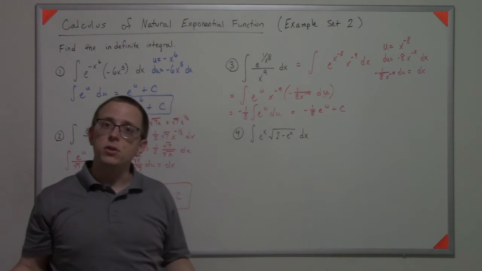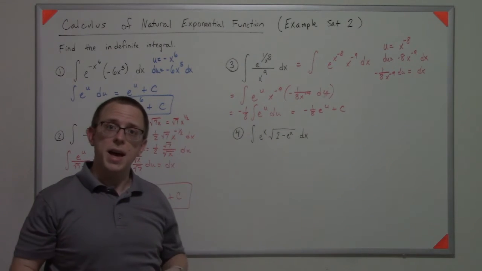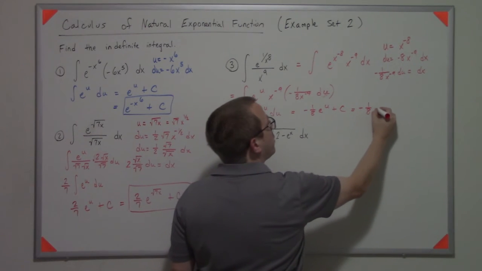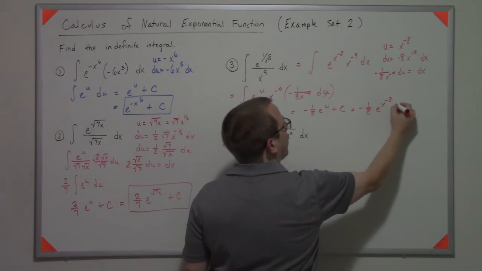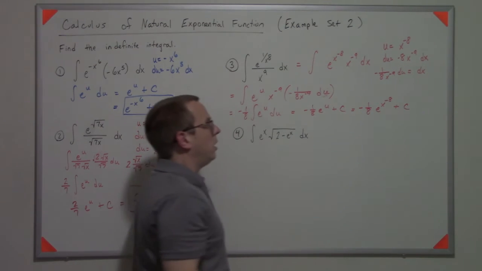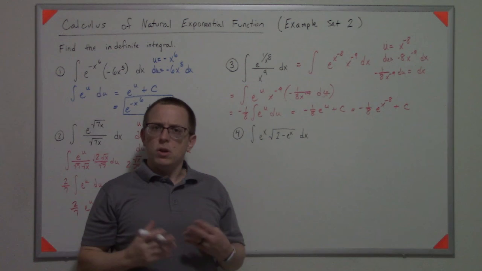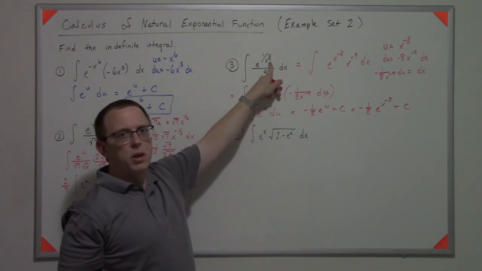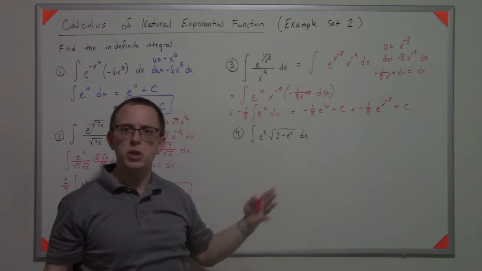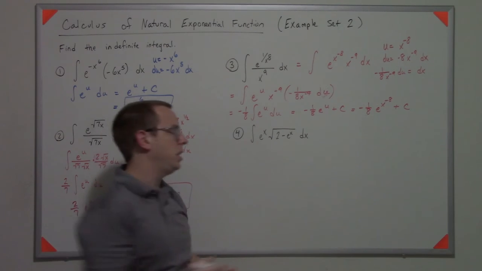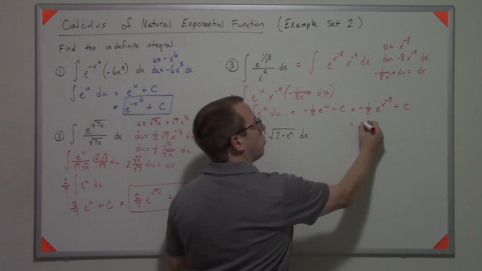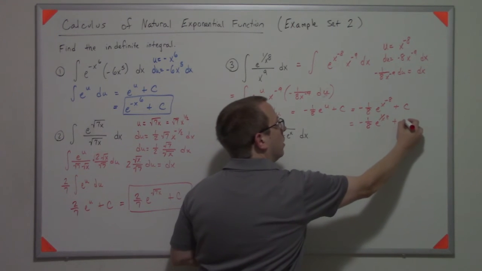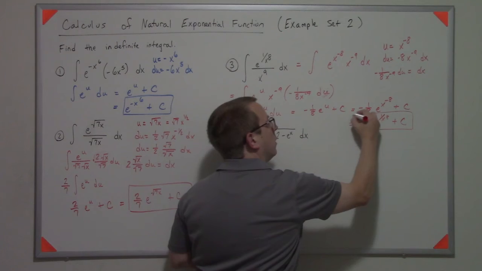But again, we didn't start in u's, we started in x's, so we have to go back, which is negative 1/8 e to the x to the negative 8th plus c. And this is a perfectly fine answer. Feel free to leave it that way. It's actually kind of clean that way, but since we started with it looking like this, conventionally what you're going to see is most systems want you to write it like that.